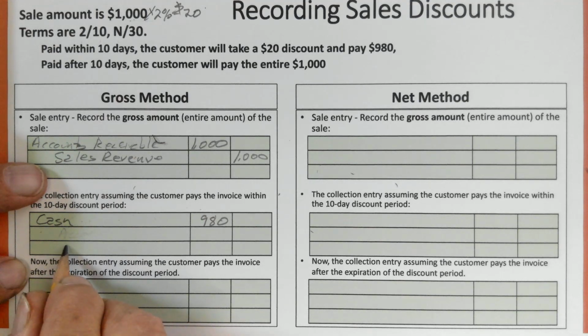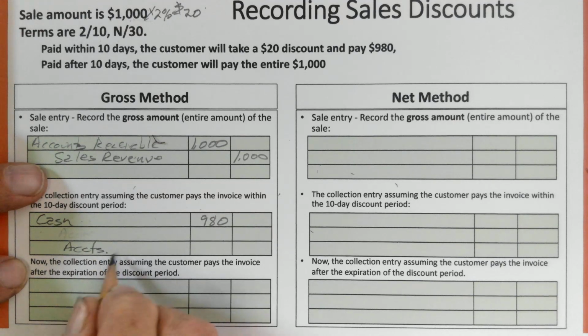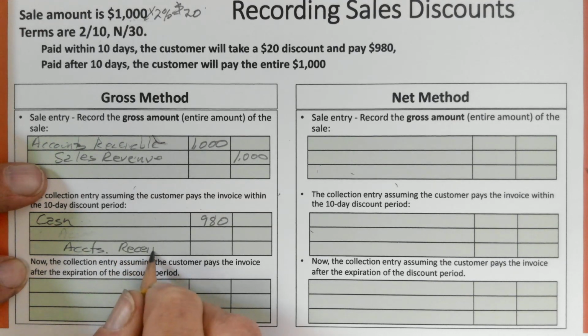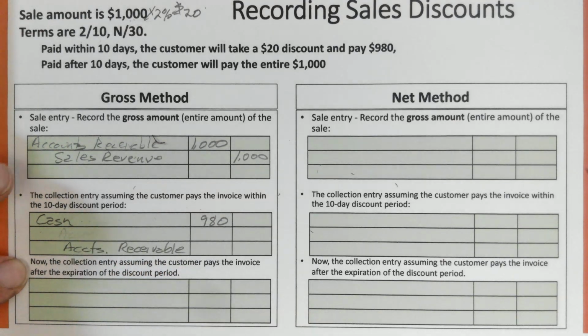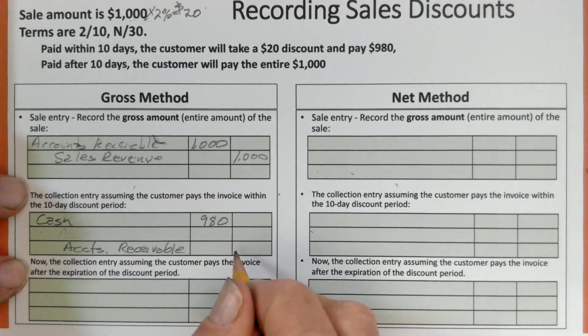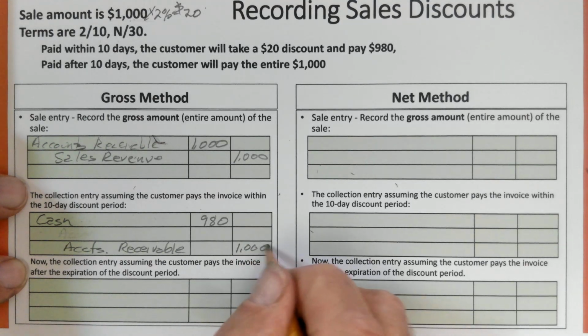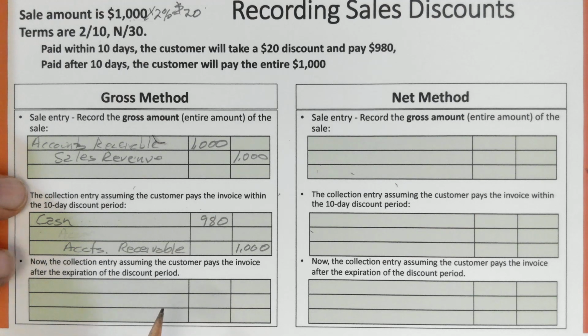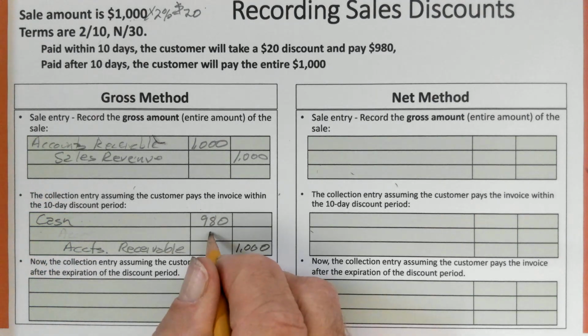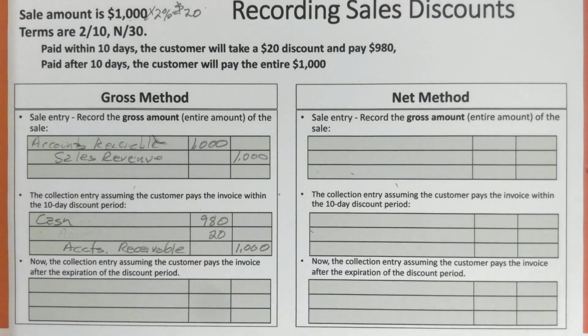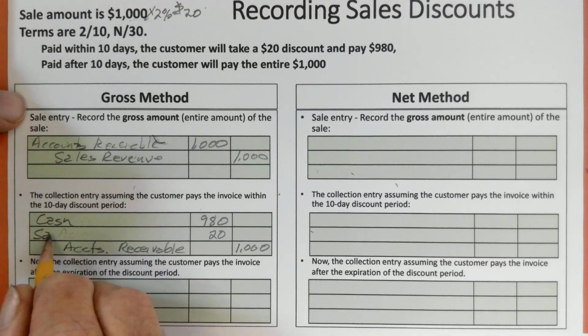So I'm going to skip down a line and credit accounts receivable, abbreviating a little bit to move along quicker, for the full $1,000. Now this entry obviously doesn't balance, and we need another $20 debit right here. A debit, sort of a reduction of the amount that we got. And so where we take that is to sales discounts.